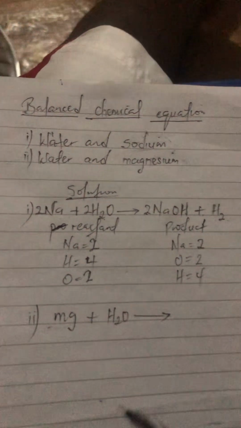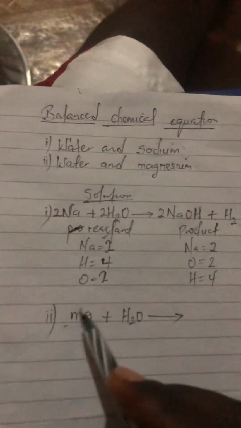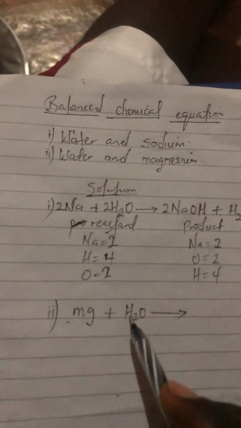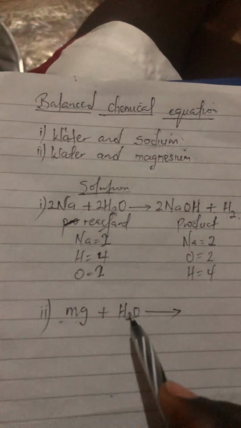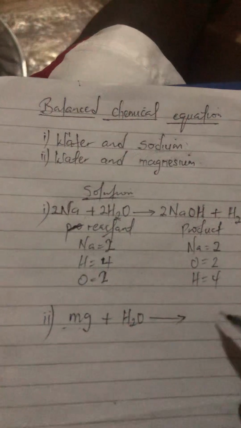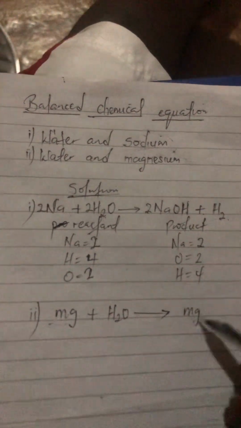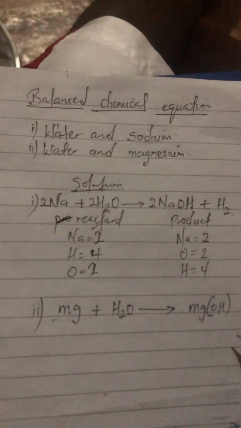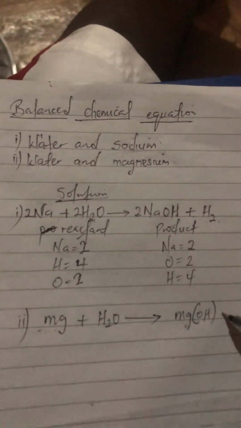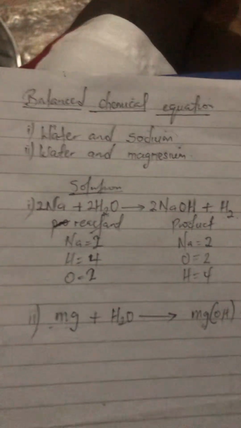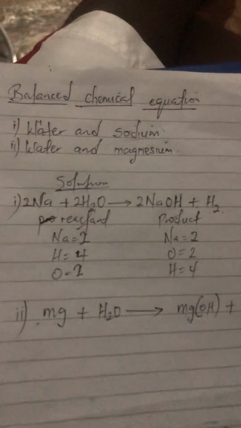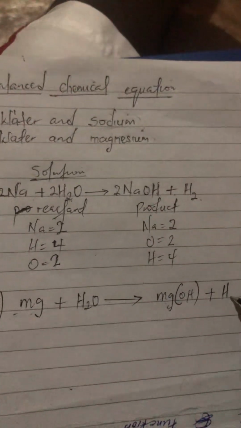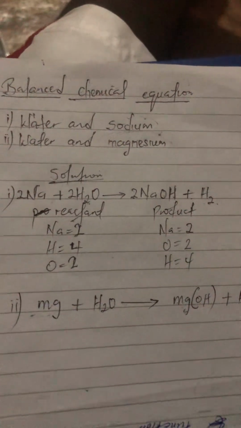Magnesium will displace one of the hydrogen atoms. When it displaces it, we are going to have Mg, but it is going to be in bracket OH, 2. Now plus, we are left with a diatomic gas, which is hydrogen, but you cannot write hydrogen H like that because it's diatomic, that is H2.